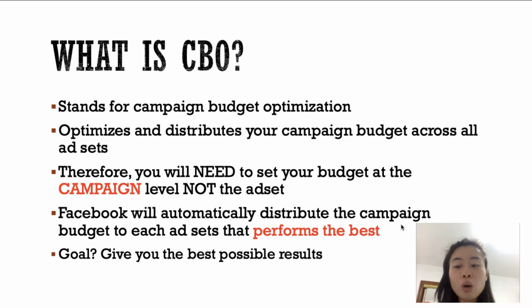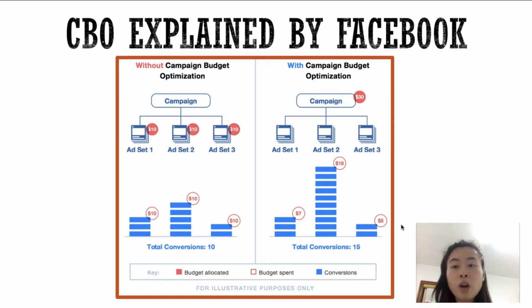Also, with the CBO strategy, Facebook will automatically distribute the campaign budget to each ad set that performs the best. So what's the goal of doing this? That will give you the best possible results. This is how Facebook explains CBO by giving us this chart. This is how we usually run our Facebook campaigns without CBO.